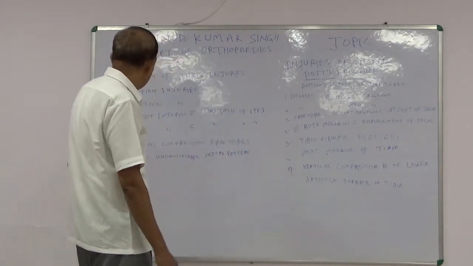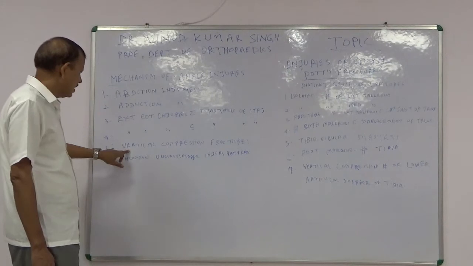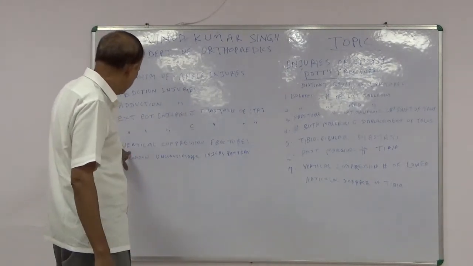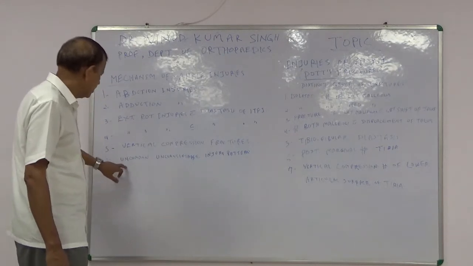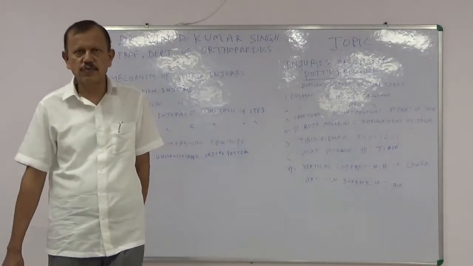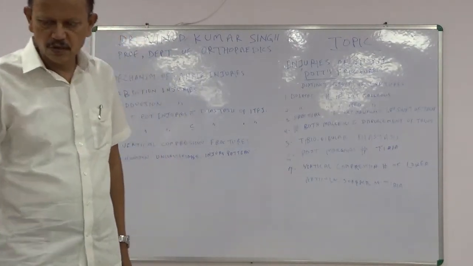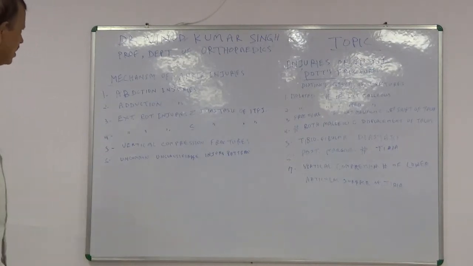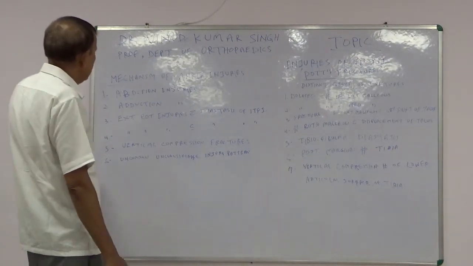So these are four. Fifth, there will be vertical compression fracture by a vertical force, such as a fall from a height. And lastly, there are some uncommon, unclassifiable injury patterns which cannot be classified into particular groups. So these are the six common patterns that can cause an injury.